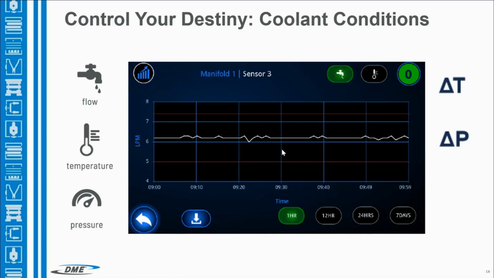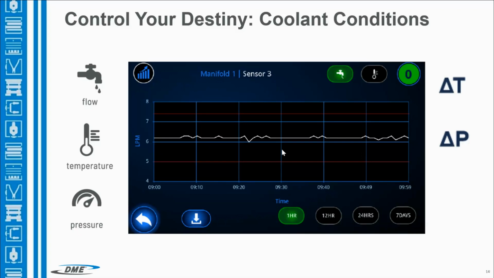When you want to get into optimization, you have to get back to the DMAIC principles: define your problem, measure your problem, analyze your data. Then you can improve it and control it. But the first thing is you've got to be able to measure it.